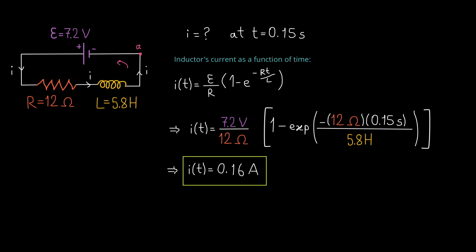And when t goes to infinity, the term in parentheses becomes equal to 1, and the current value becomes equal to EMF divided by the resistance. Now we're calculating an intermediate value for the current at some non-zero time, which is not infinity either. So when we plug in t equals 0.15 seconds, numerically we get I equals 0.16 amps.